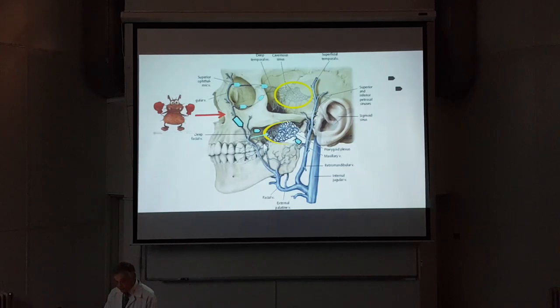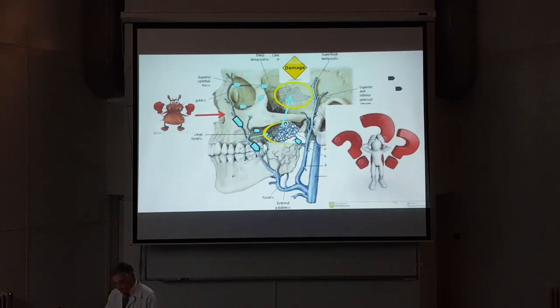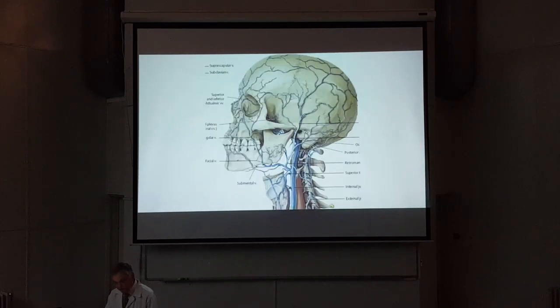And again, less probably from other areas in the face, and indirectly they go to the cavernous sinus. This cavernous sinus is exposed to the danger of infection, and it is a difficult problem.